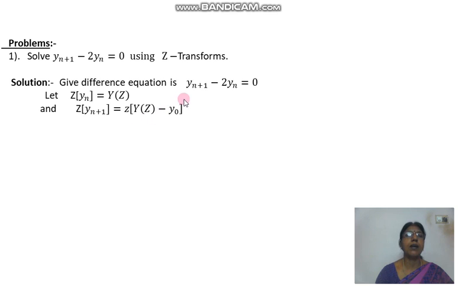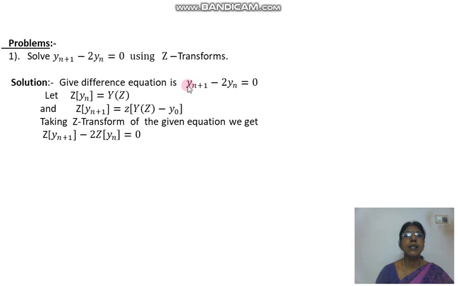Take the Z transform of the given equation. You get Z of yn plus 1 minus 2 into Z of yn is equal to 0, and Z of 0 is 0. Then use the formula: z into y of z minus y naught minus 2 into y of z is equal to 0.